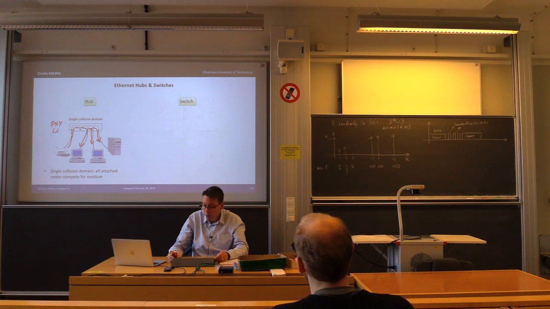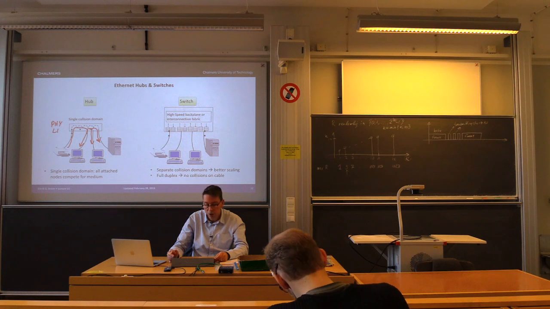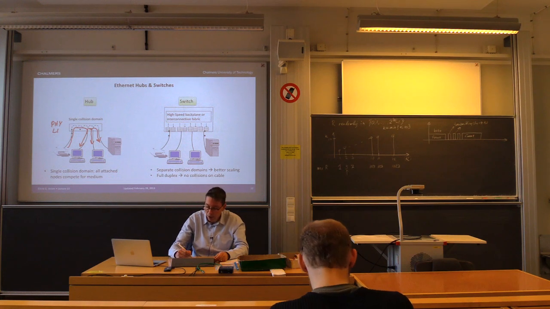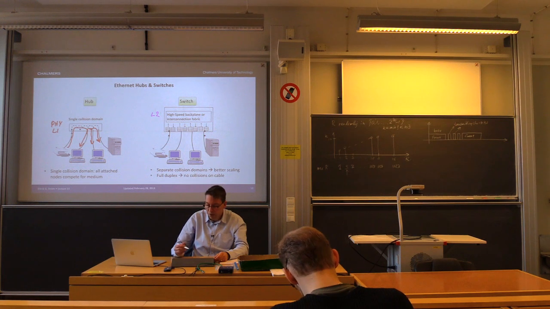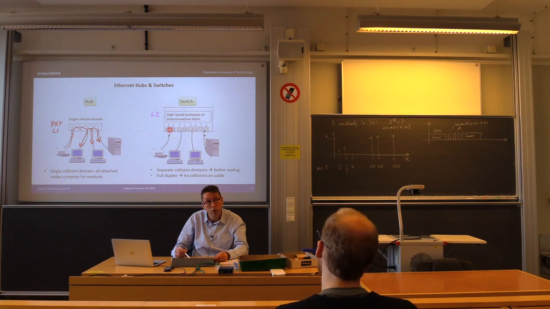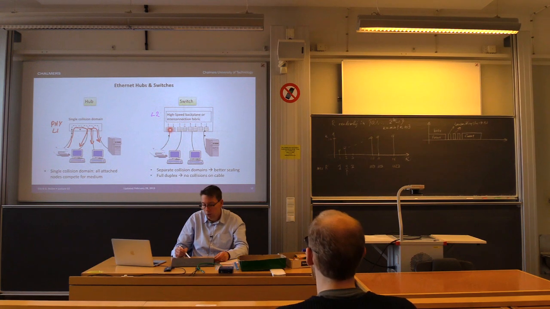Right. A switch, on the other hand, is a layer 2 device. So this is a link layer device. How does that work? Well, the packets that go into this, they're still cables connected to a box, but the packets that go in here are decoded, and link layer addresses are inspected and so forth.